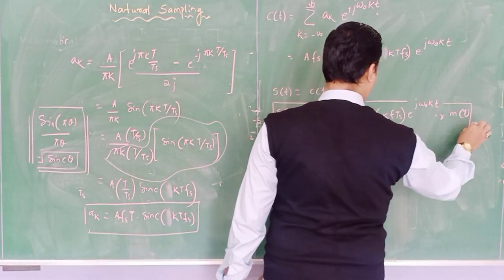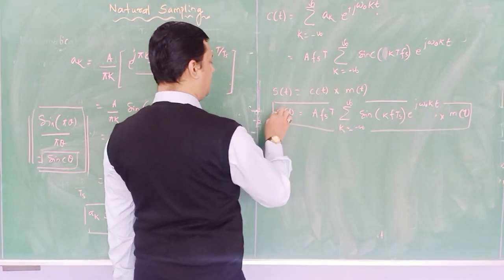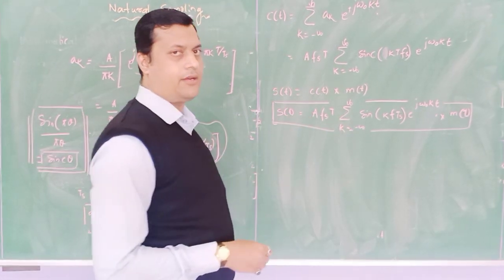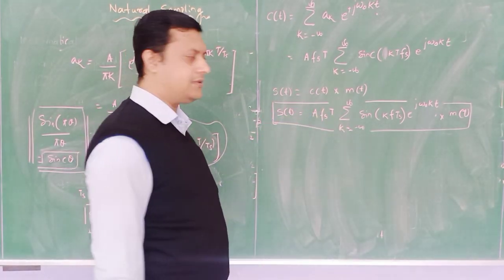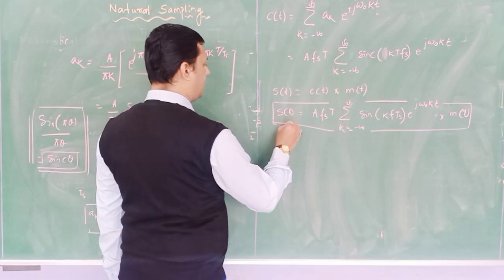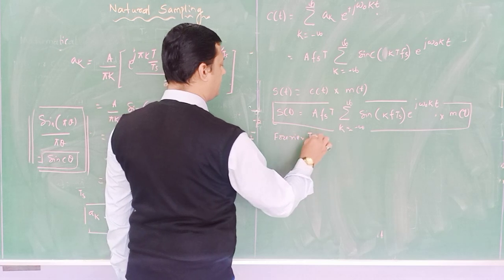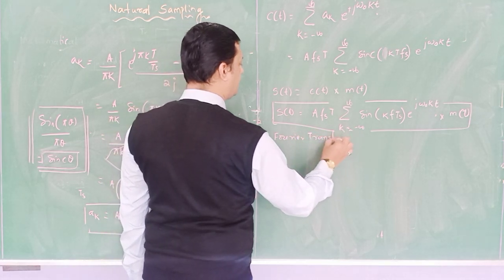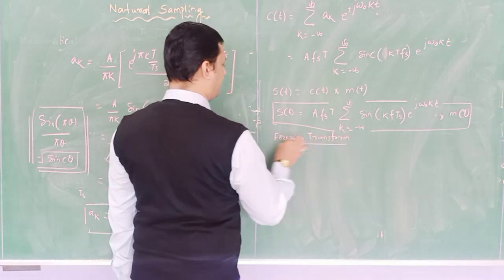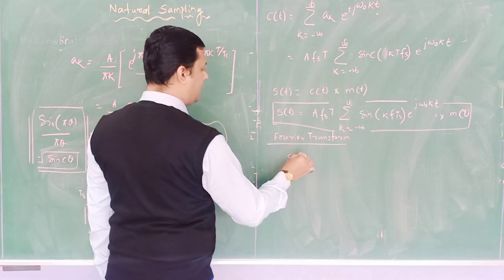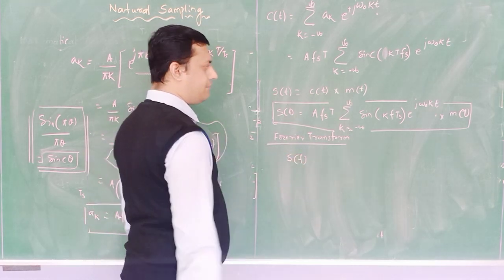Now I need to analyze this in terms of frequency spectrum. I need to identify the frequency positions, sample positions. So what I will do, I will take the Fourier transform of the above equation. So s of t will become s of f.